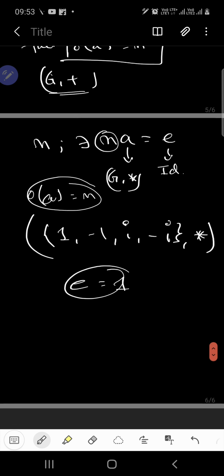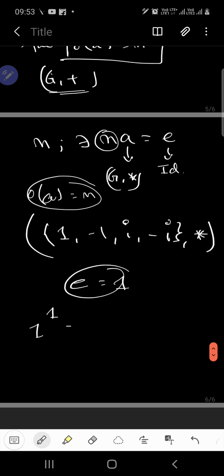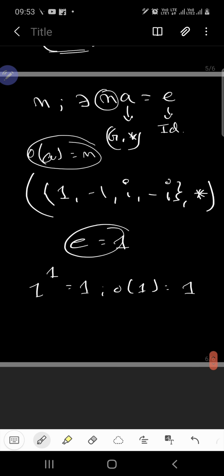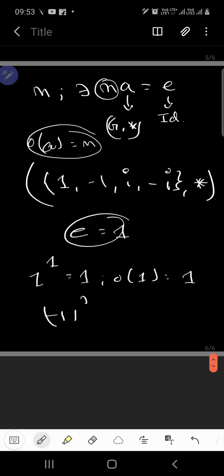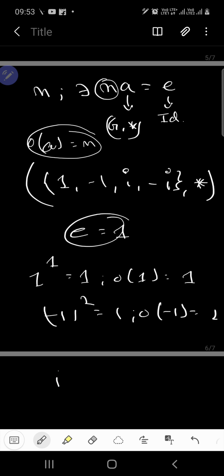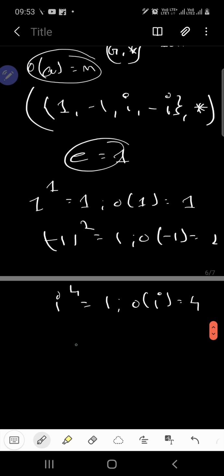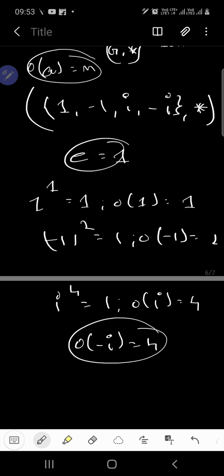This is pretty clear. So 1 times 1 is 1, so the order of 1 is 1. Minus 1 squared is 1, so the order of minus 1 is 2. i to the power 4 is 1, so the order of i is 4. Similarly, the order of minus i will also be 4. So these are the orders of the elements. Got this particular point, guys?